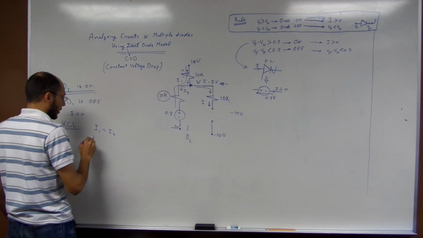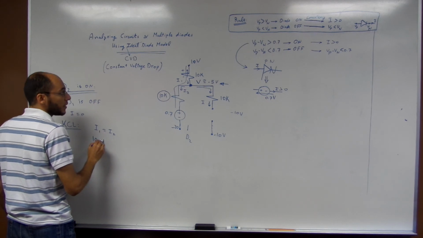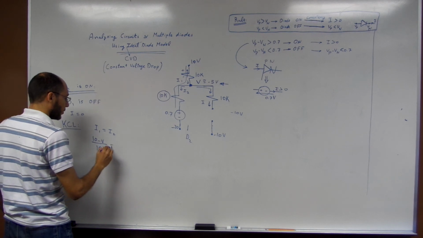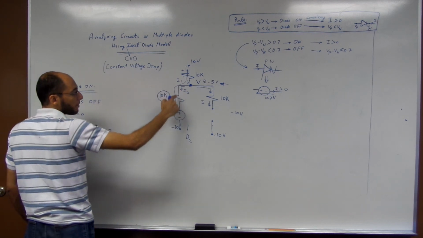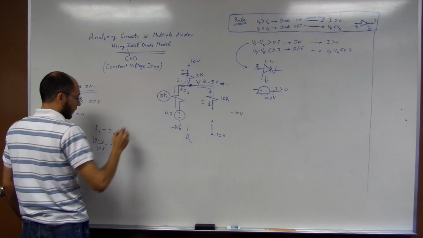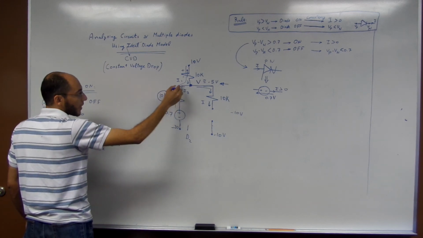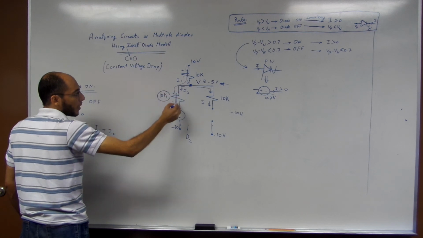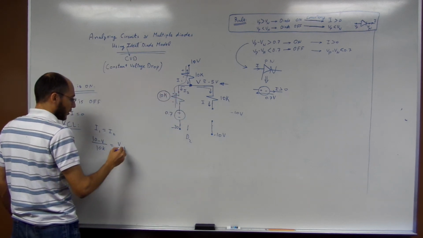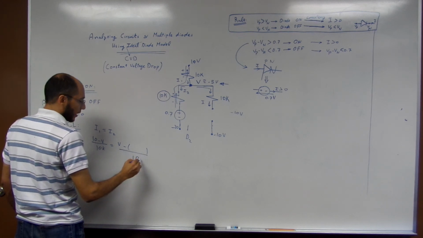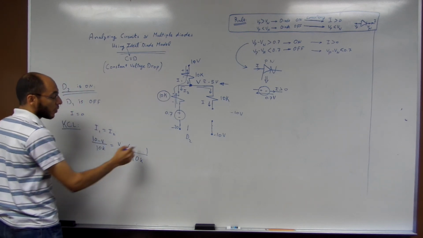So it's 10 minus V, the potential difference, over 10K, equals the current through this resistor, which is V minus some number, over 10K, because that's 10K as well. So what is this number?